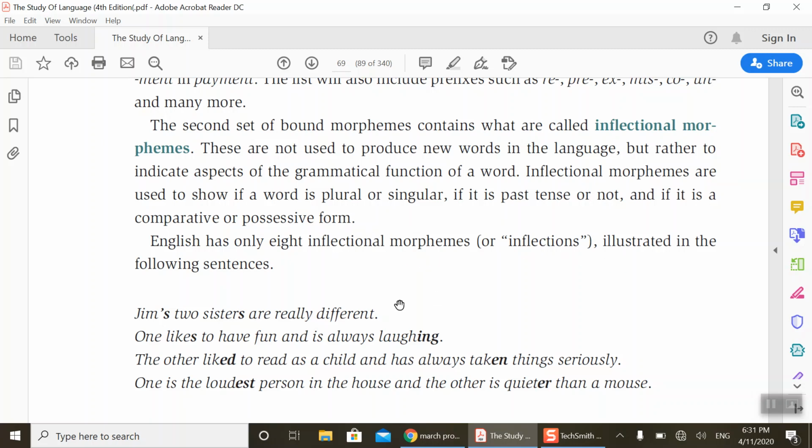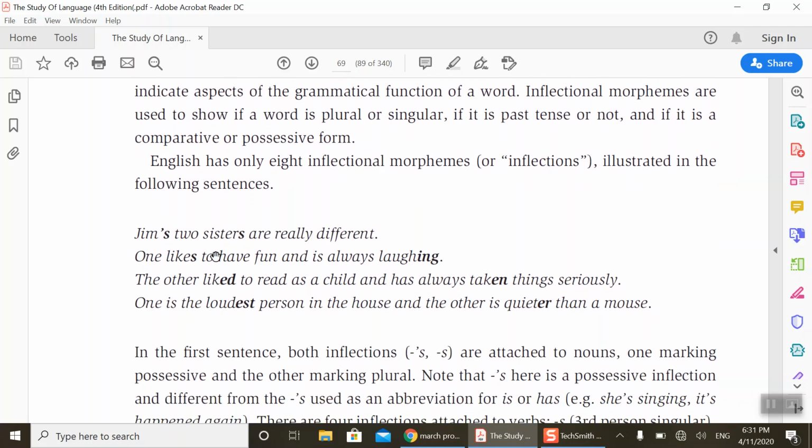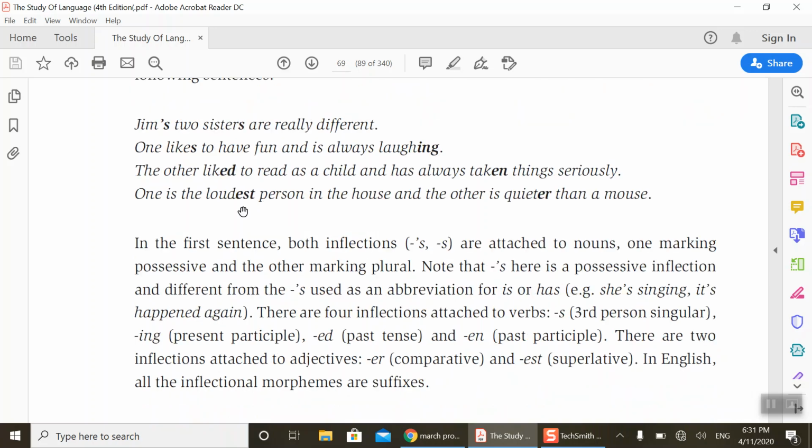We have eight inflections. You are familiar with them. For example, here -s as possessive, as plural, -est, -en, -er. Here we have third person singular. Here we have -ed, past. Here we have what? Past participle.